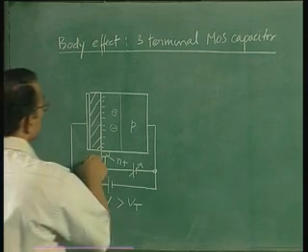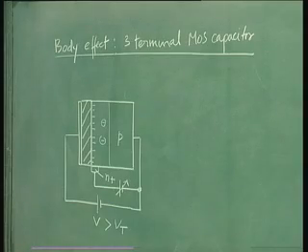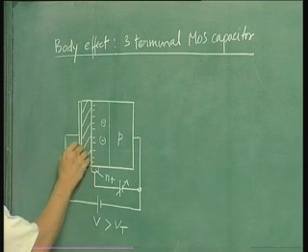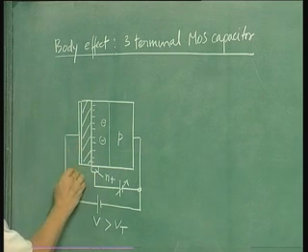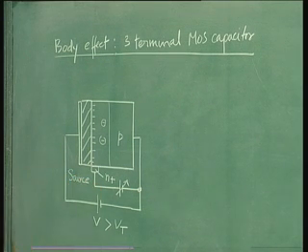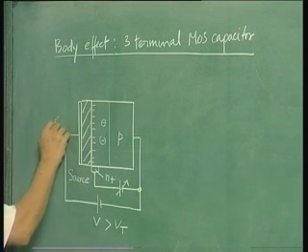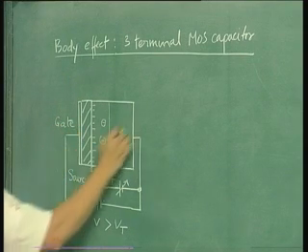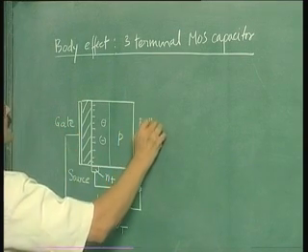The question is, what do we call this contact? We will call this contact as the source. So this is the gate and this is the source. And this contact is called the bulk.